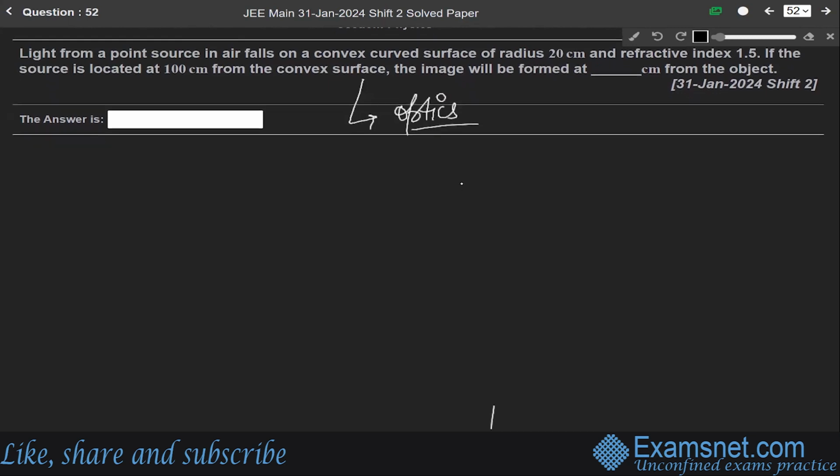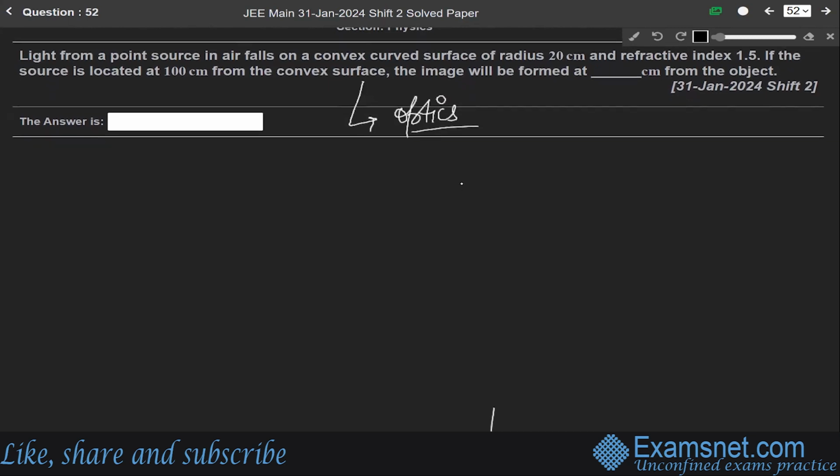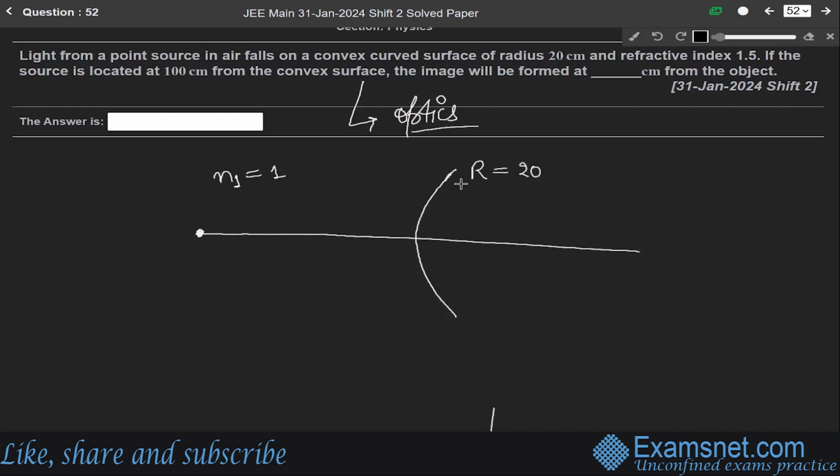We are given a convex curved surface, and light is coming from a point object in air. So its refractive index N1 will be 1, and radius is 20 centimeter.